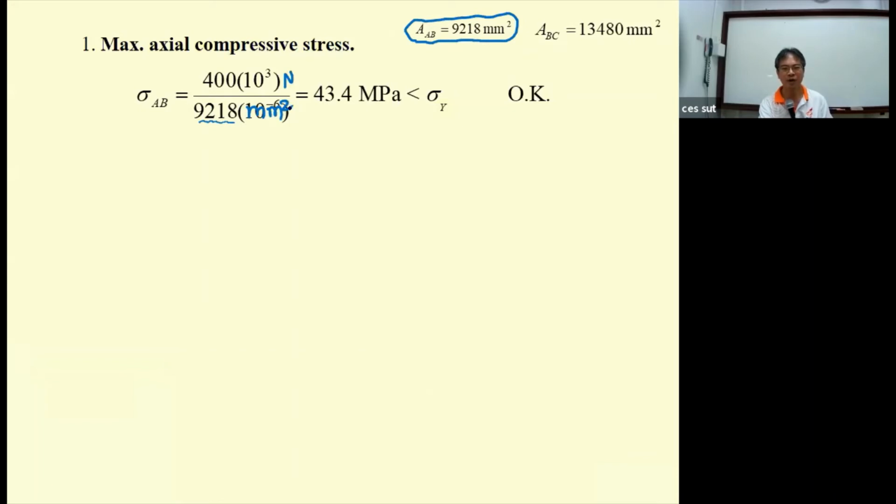When you put them together, that is going to be in Newton per square millimeter, and Newton per square millimeter is the same as the megapascal. So sigma sub AB is 43.4 and is less than sigma sub Y. That means the top portion of the column is in elastic behavior.